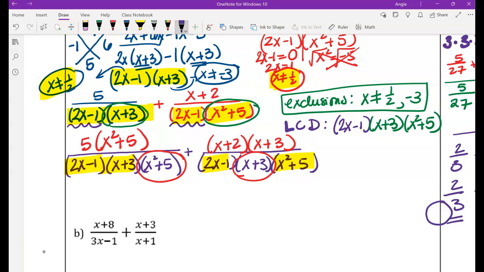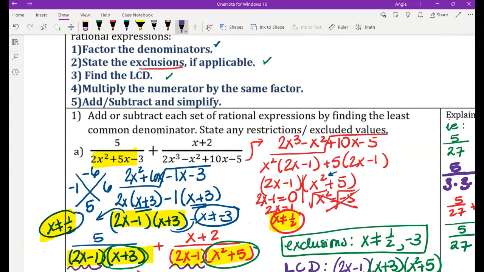We're just going to now combine the top. So I'm going to write over 1 lowest common denominator. That means now we get to copy this down once. Okay, so now it says add or subtract. Look at this. It says add or subtract. Multiply the numerator by the same factor, which we did, and then now add, subtract, and simplify.